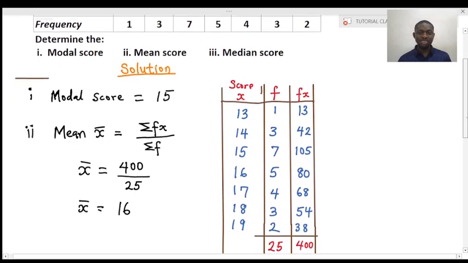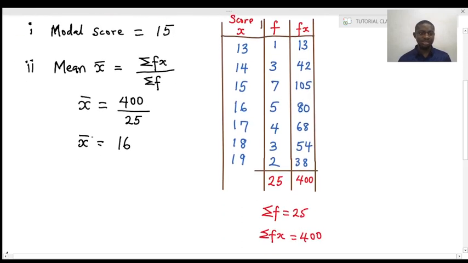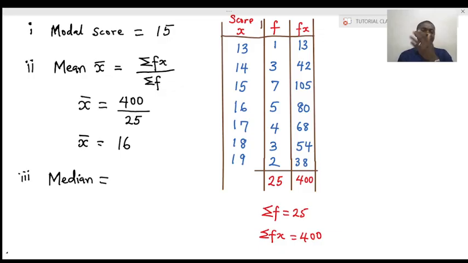Next is the median. Recall that the median is the middle value when a given set of scores is arranged in order of size, that is, in increasing or decreasing order.